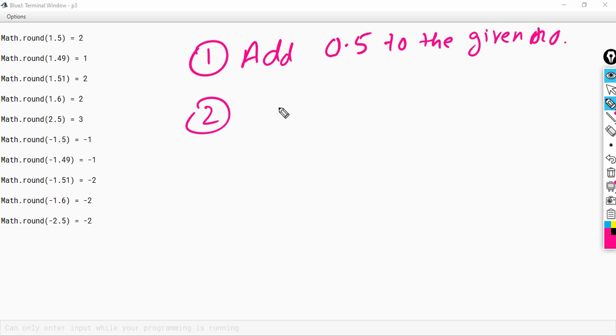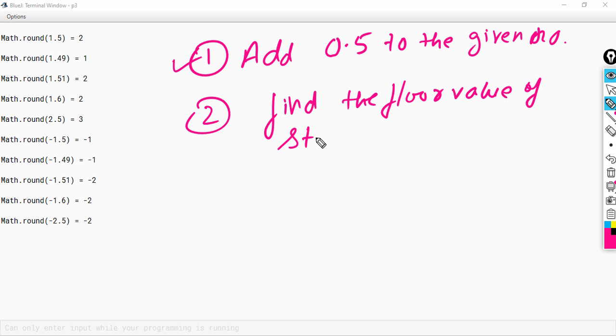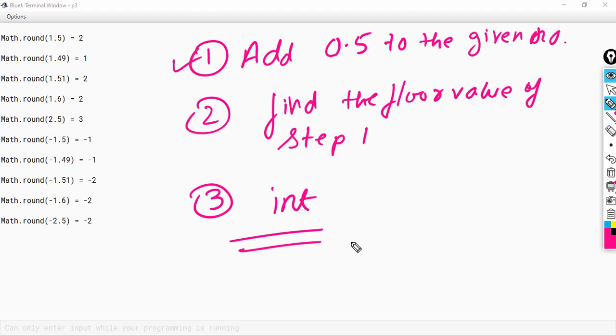Second rule is whatever result you got in step 1, you find its floor value, and that will give you the answer. And you should remember the return type of round is int. So this was round.